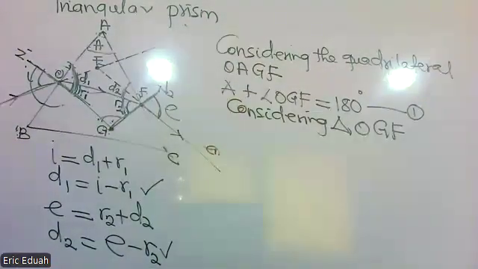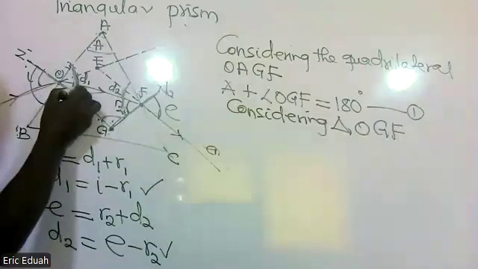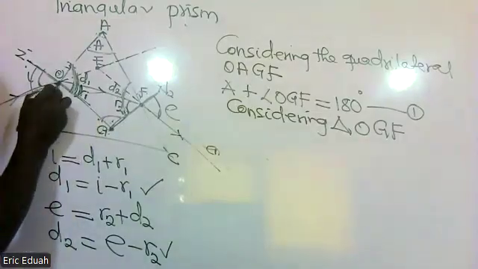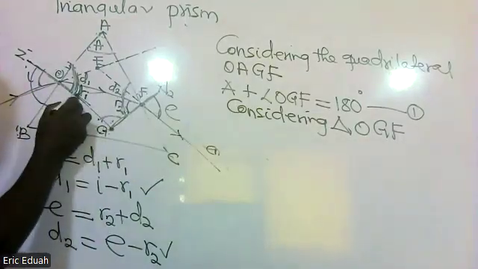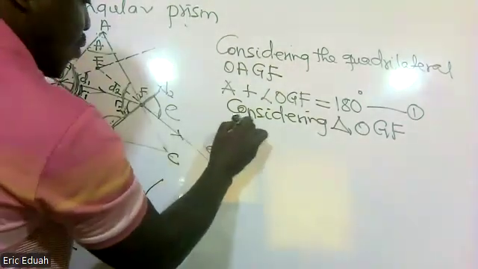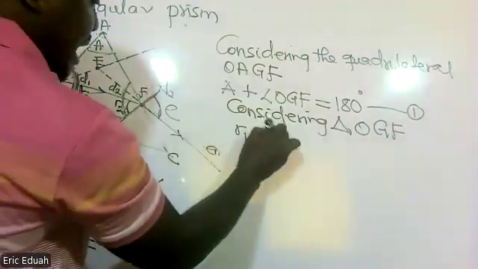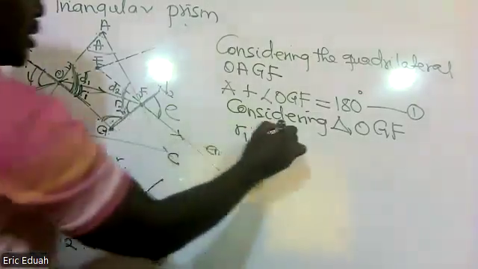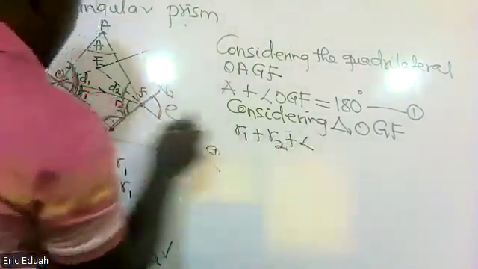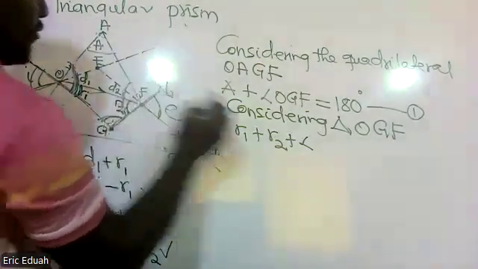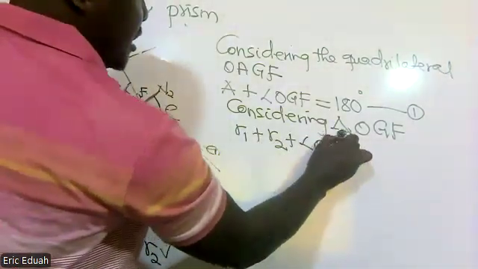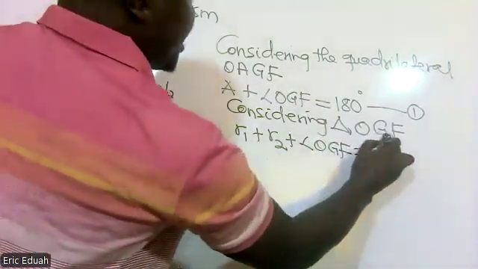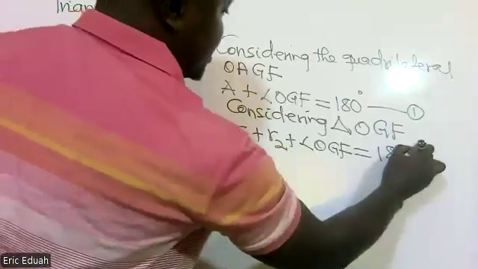Because the sum of angles in a triangle adds up to 180, one interior angle of OJF, R1 and R2: R1 plus R2 plus this angle plus angle OJF must also sum up to 180 degrees.